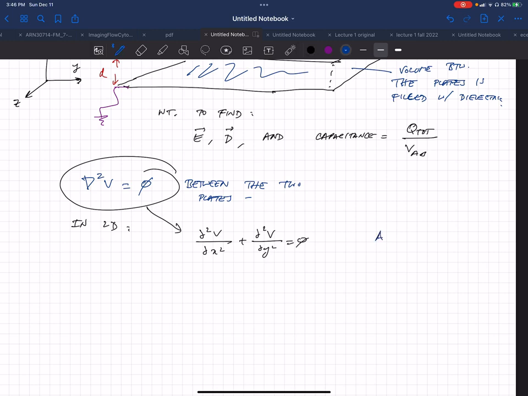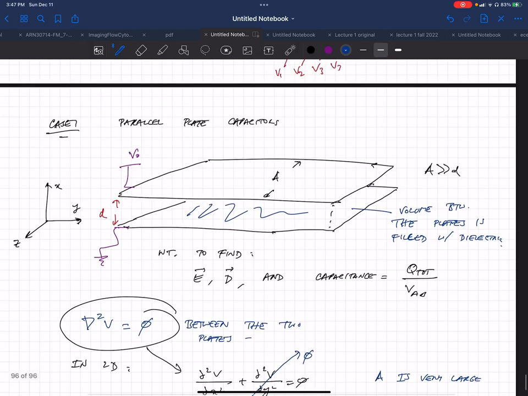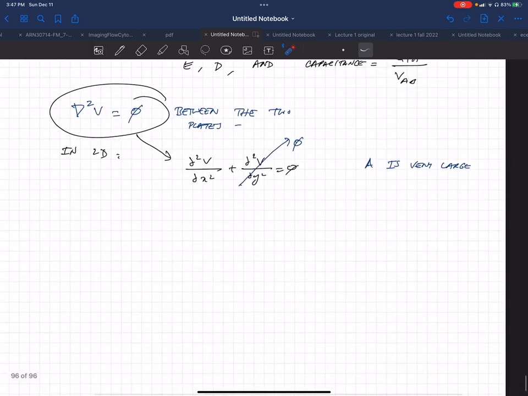We're assuming A is very large, so for all purposes, inside the plate, the variation in y is 0. Nothing's varying, there's no change in voltage as you move along this y direction, until you get to the edges.